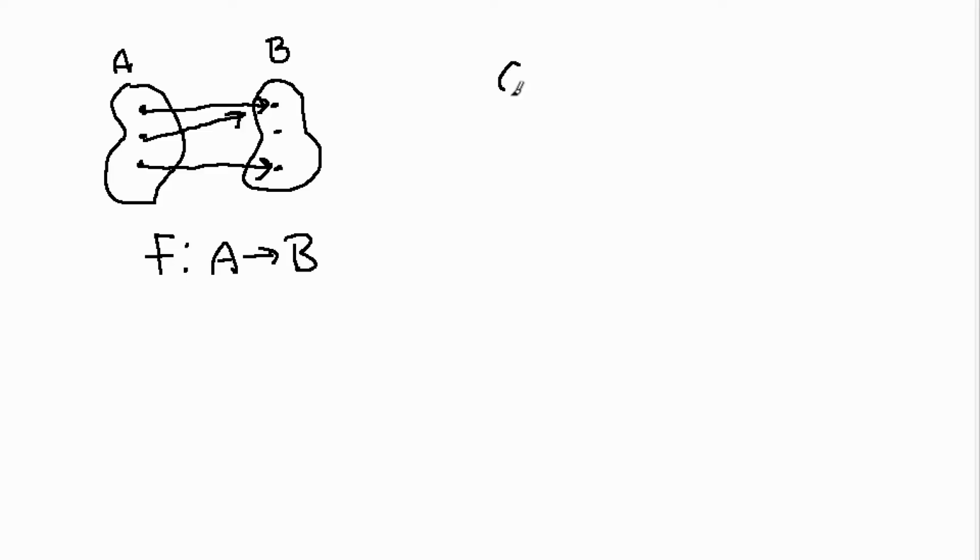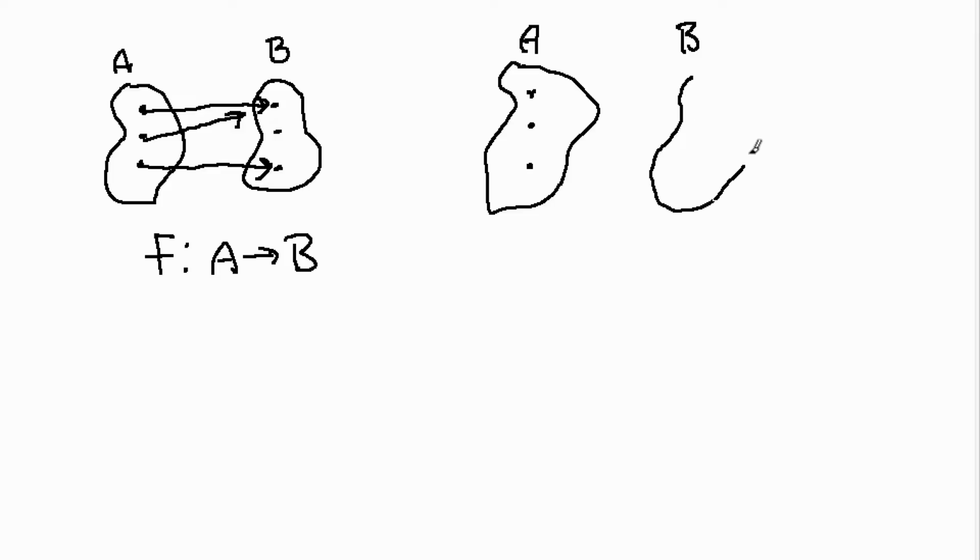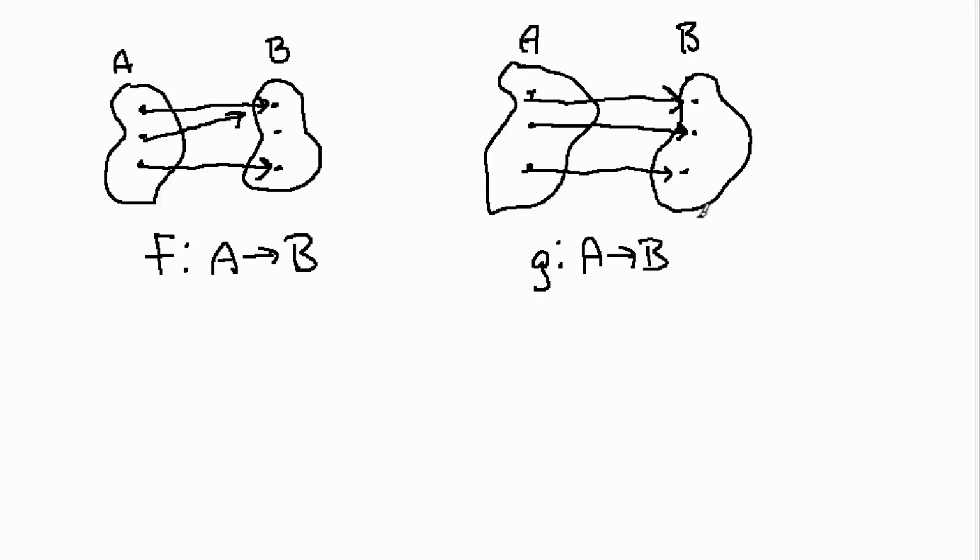And again, here's A. And here's B. But notice that F was not 1 to 1. And here's G. That's also mapping A to B. But let's make this one 1 to 1. So let's have this one go over to here. Let's have this one go over to here. And let's have this one go over to here. So this one over here, this is 1 to 1.